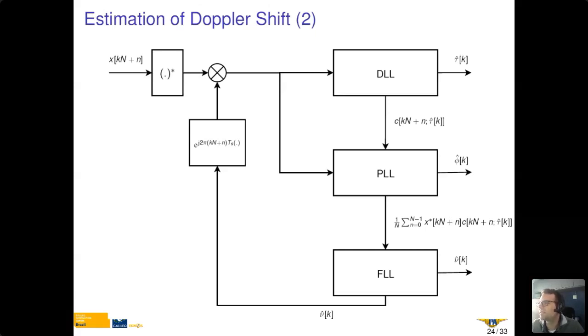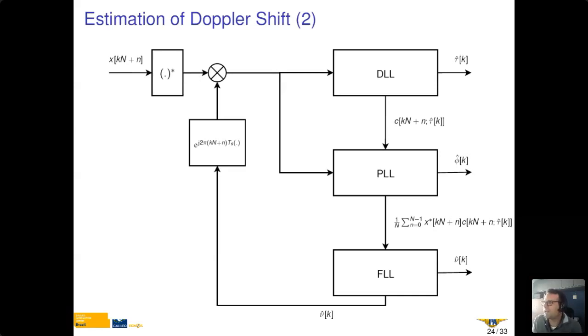The DLL is also providing the prompt correlator signal to the PLL, and we are using the output of the prompt correlator also for the FLL. So the connection from the PLL to the FLL is the output of this prompt correlator.